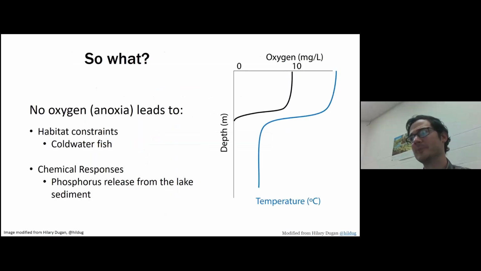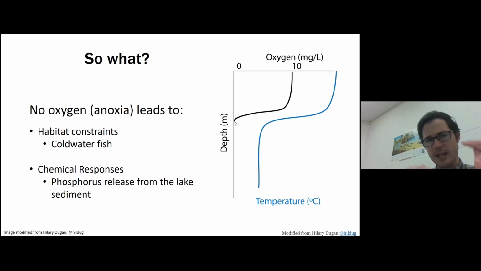So let's talk about no oxygen, for example. No oxygen is anoxic. This can lead to habitat constraints. Joe Noner talked about that with our cold water fish species. He used Cisco as an example, but there's other species like lake trout and others. For example, here's a lake that is stratified and the oxygen is down to 0 in the lower parts of the lake.